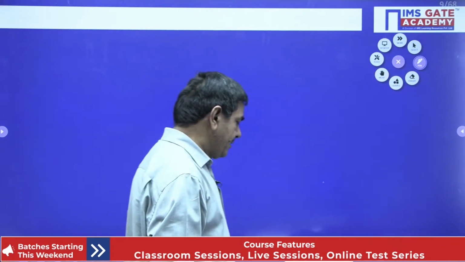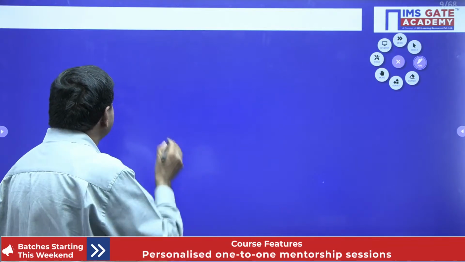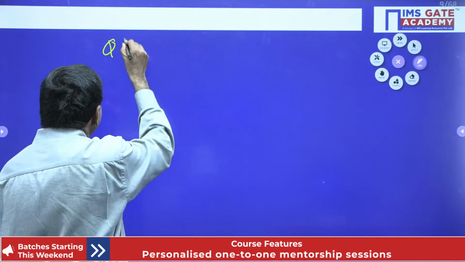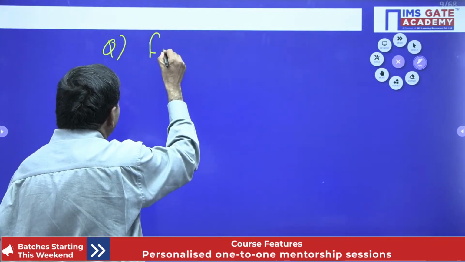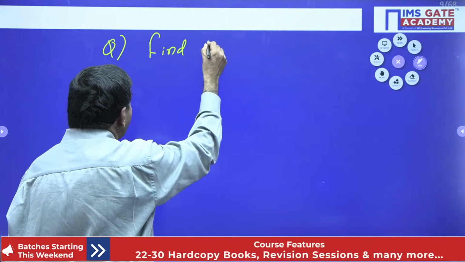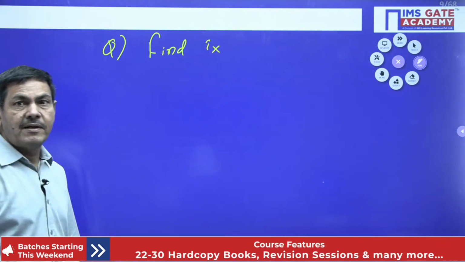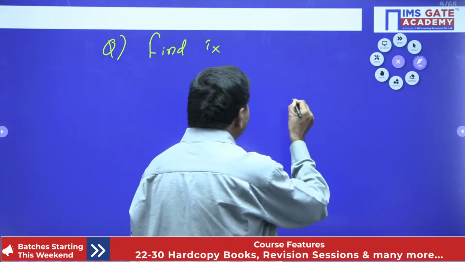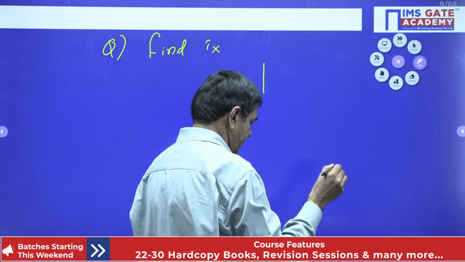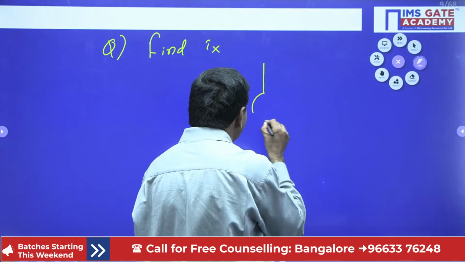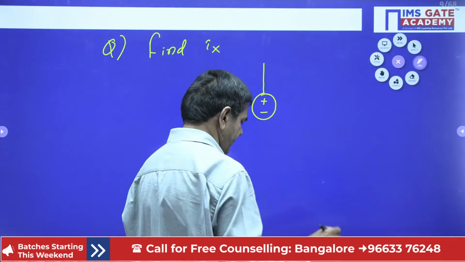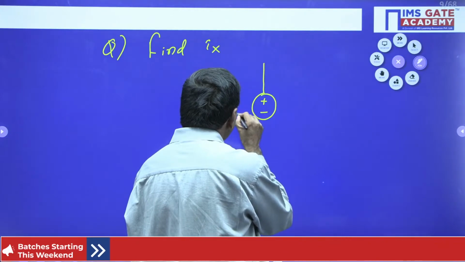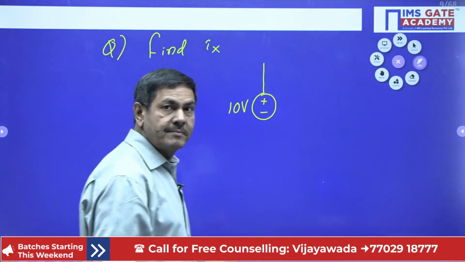The problem is given like this. Find Ix, it is asking to find Ix. And here a voltage source of 10 volts is connected. Yes, this is given with 10 volts.